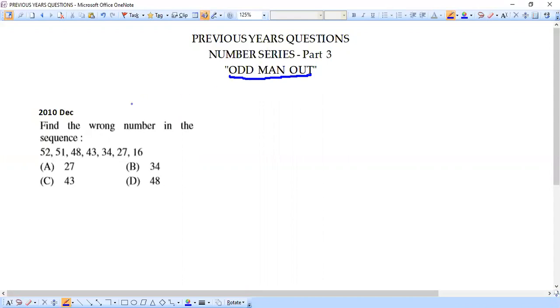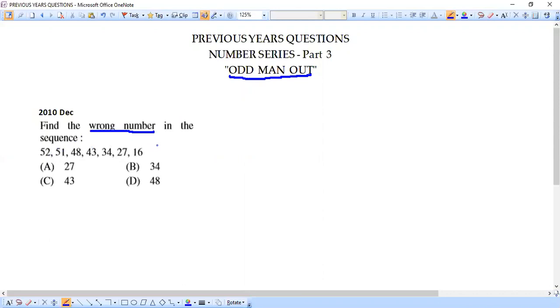You can even see some questions from number series where you will have questions like find the odd man out, or find the wrong number in this given series, find the wrong number in the given sequence, something like this. So you must understand that the question is of the variety odd man out. We will have a number series question, a sequence of numbers, but here you will not have a question mark or a blank.